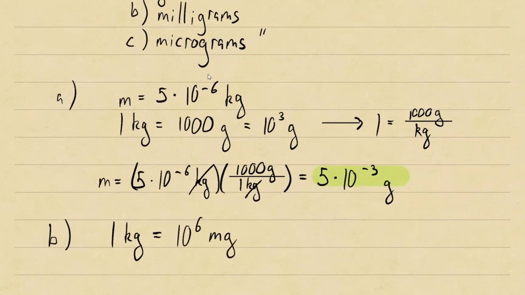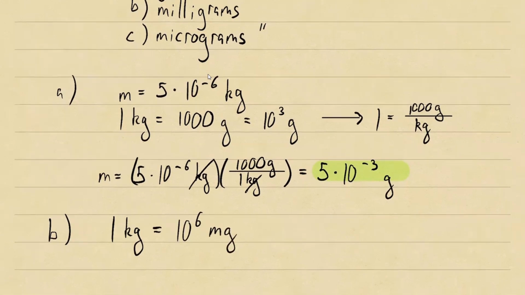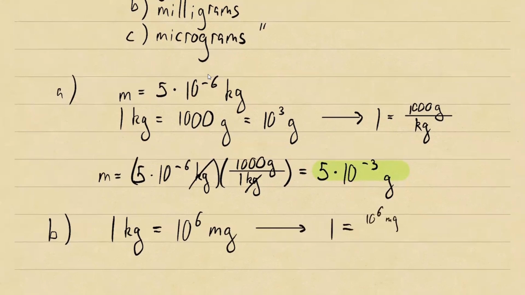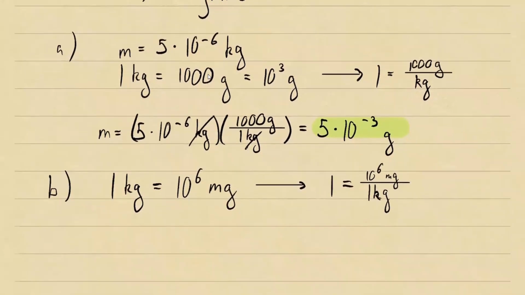So 10 to the 6 is also 1 million, but it's just easier to leave it like this. And so dividing both sides by 1 kilogram, we get that 1 is equal to 10 to the 6 milligrams, or million milligrams, in 1 kilogram. Right. So this is our conversion factor.